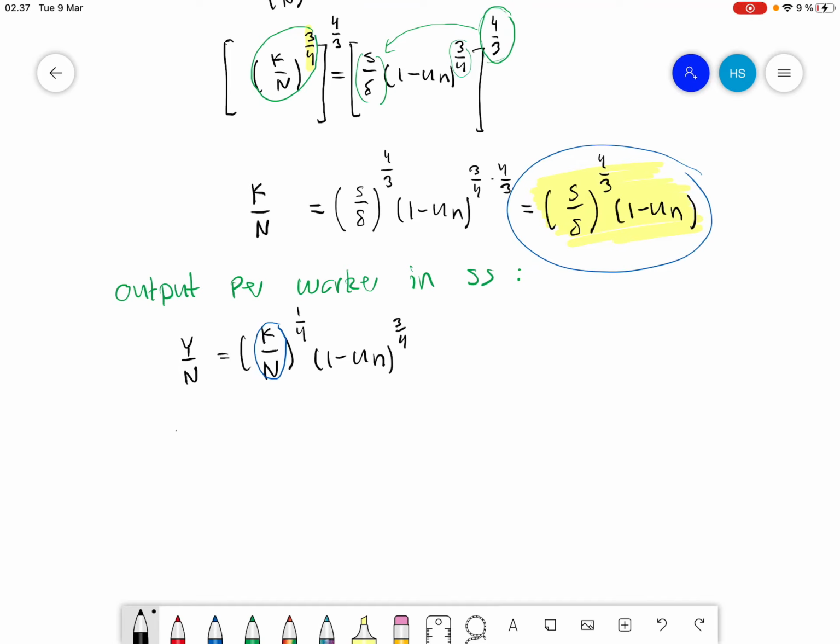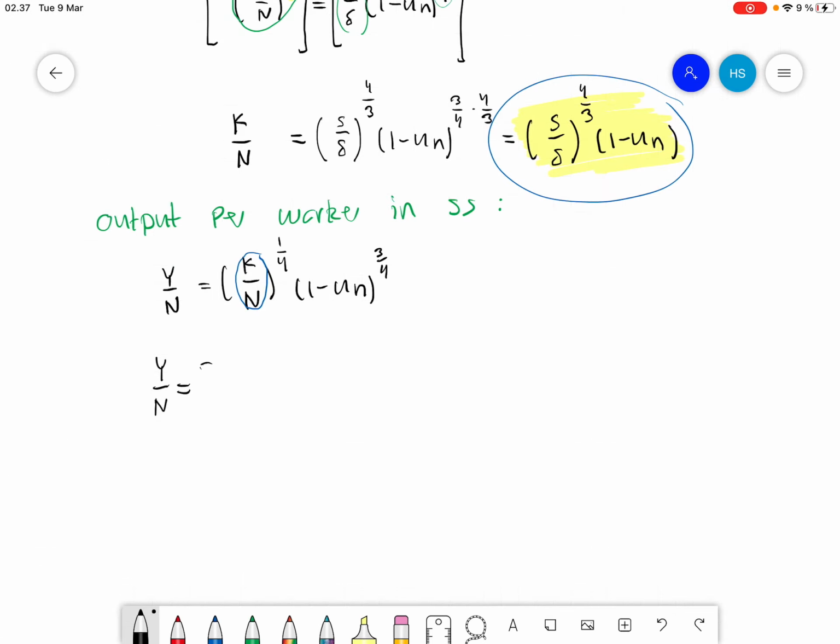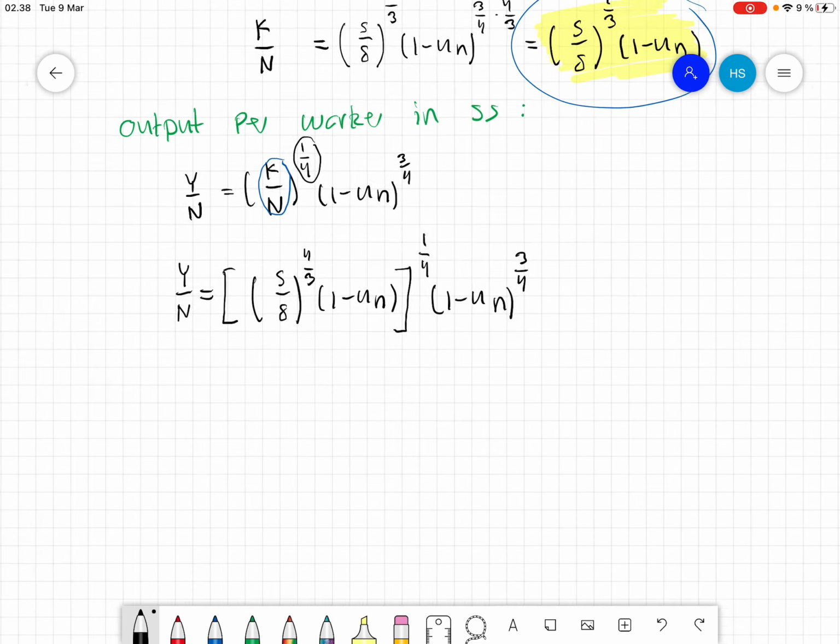So if we do so, we get that Y over N is equal to the capital stock per worker, which is saving rate over delta to the power of 4 over 3 times 1 minus the natural rate of unemployment, everything raised to a quarter, times 1 minus the natural rate of unemployment.